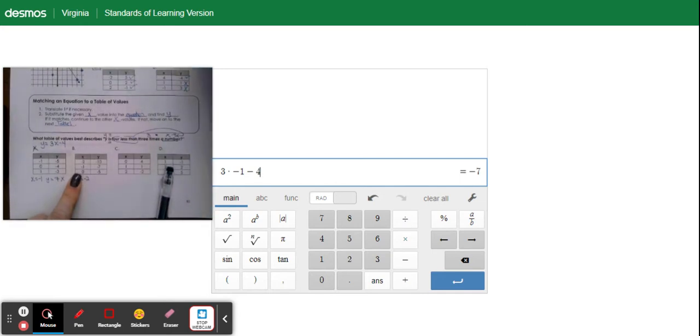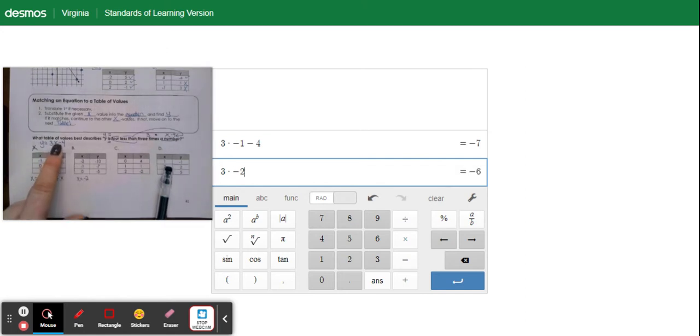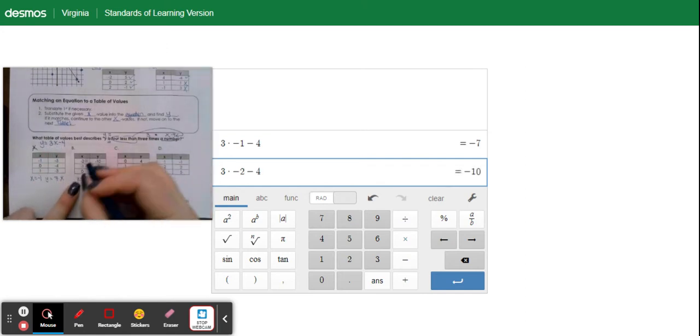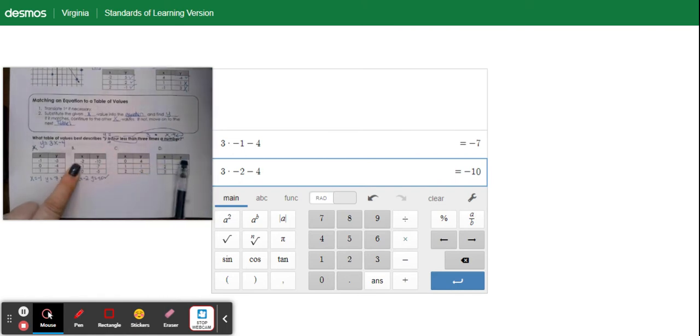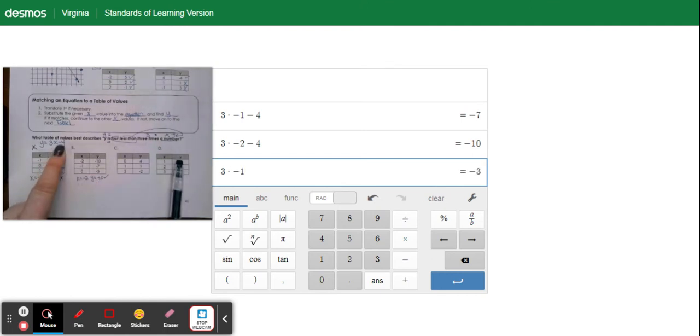I'm going to put 3 times -2 minus 4. All right, y equals -10. This works. Let's put x is -1. 3 times -1 minus 4. This works. If x is -1, Desmos has shown me that y is -7.